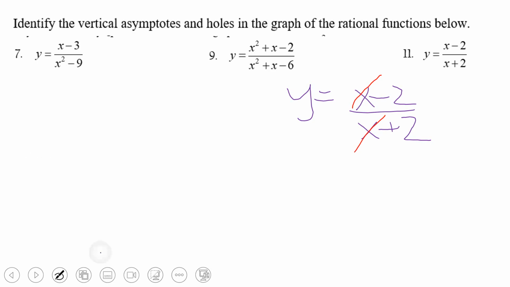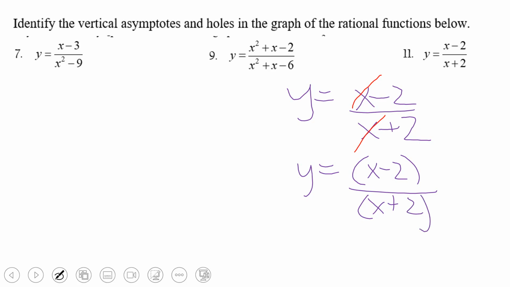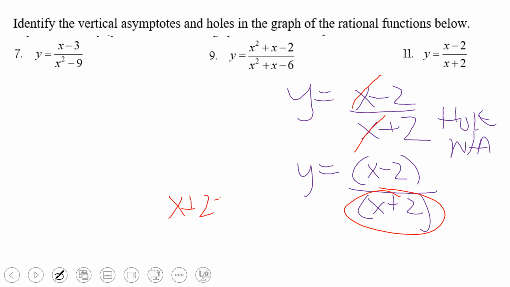So when I see this, it really is x minus 2, that's one quantity, over x plus 2. We can't separate the x plus 2, and we can't separate the x minus 2. So we are unable to reduce anything here. That means there are no holes in this function. Now to identify the vertical asymptote, I'm going to take the quantity x plus 2 and set it equal to 0, and we have a vertical asymptote occurring at x equals negative 2.